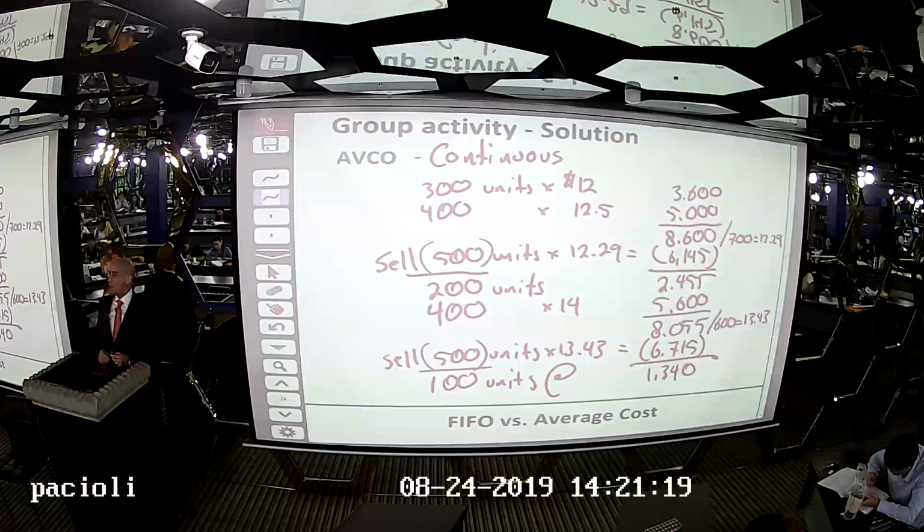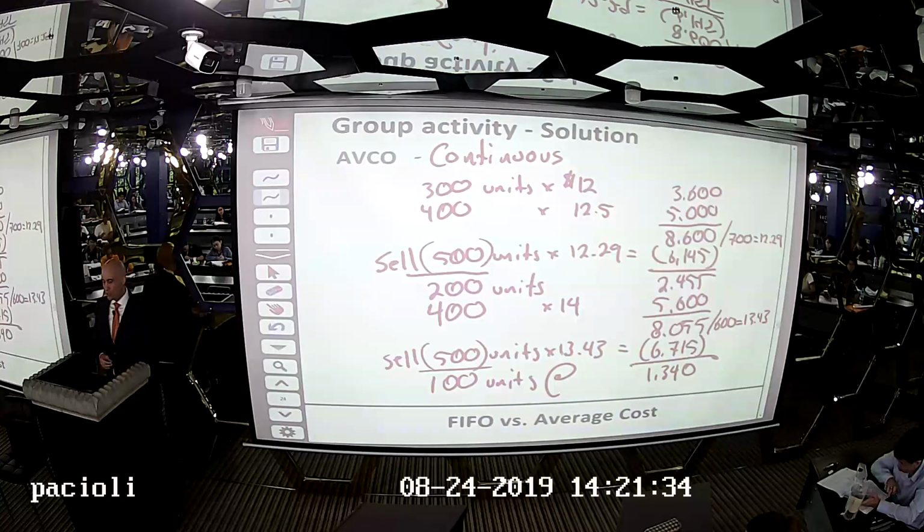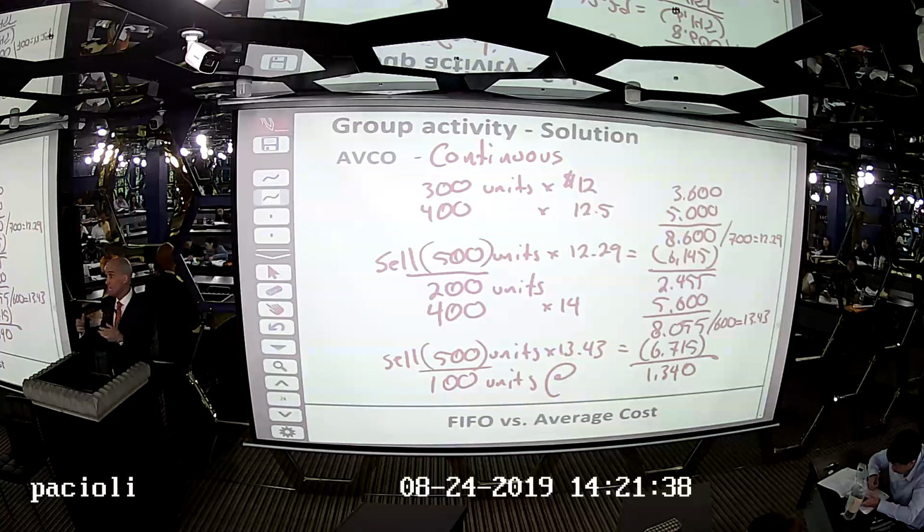So with average cost, when prices are going up, average cost gives you a smaller ending inventory. FIFO gives you a bigger ending inventory. This is the continuous average cost, and for it we need to find the average cost every time that we sell.